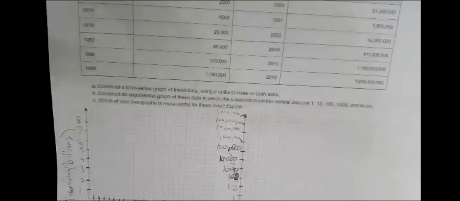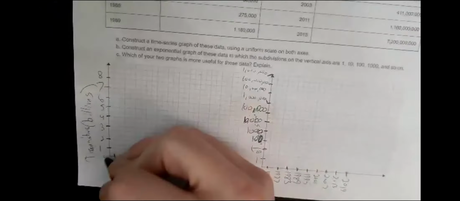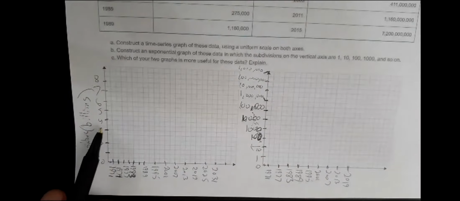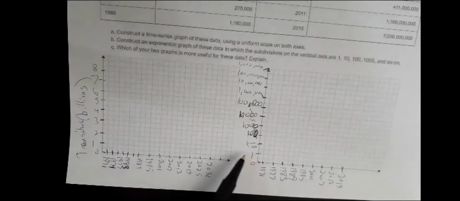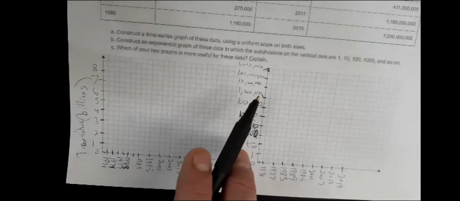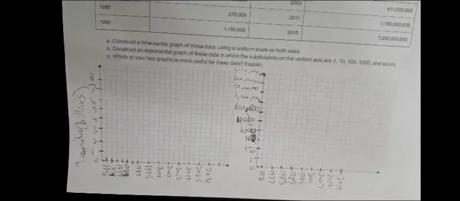And I think I'm already up there at 2019 now. And so really this should be a 0. There's actually a break in this graph, and maybe I should draw it, but we want to make sure we start out at 0 here. We want to make sure we go up by even intervals here. Same thing here, we're going up, but instead of even intervals, we're going up by powers of 10 each time. We're going 10, 100, 1,000, 10,000, 100,000, 1 million, 10 million, 100 million, and then we get to a billion.